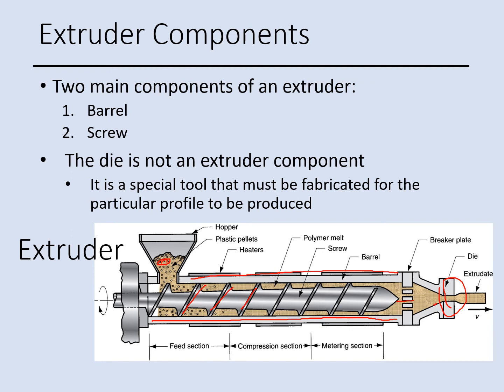And here one more thing, you see it has different parts. From here to here, it's called feed section. Then this area is called a compression section. The last part is a metering section.